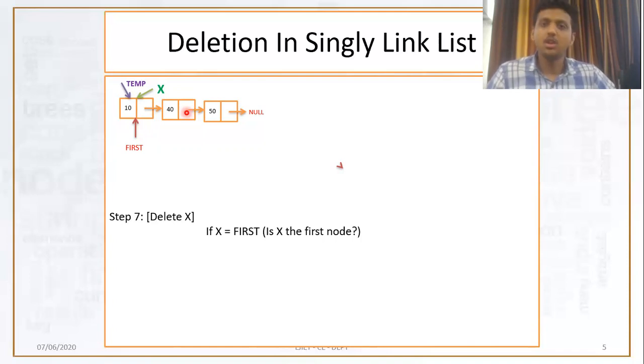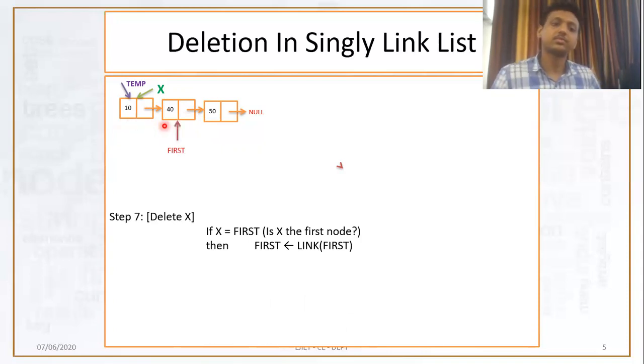So the name of 40 can be link of x, temp and first. But usually I go through the book, and for normal writing, I just move my first pointer to the link of first. See the animation, first moves to link of first. See again, first will move forward to the link of first.